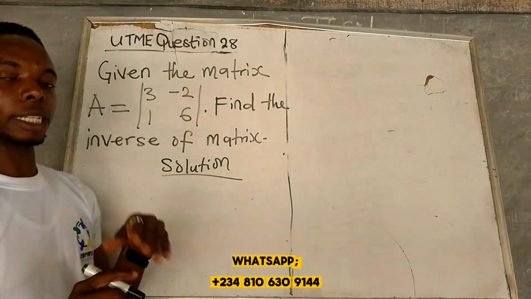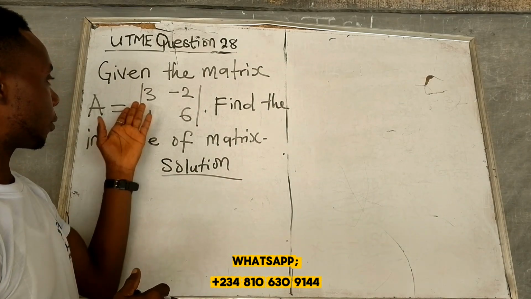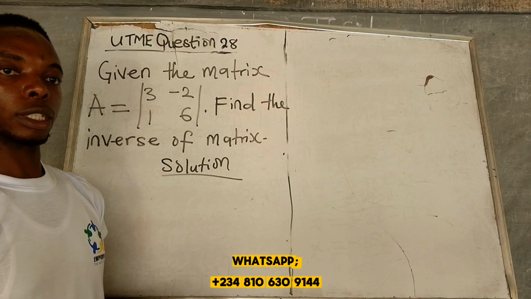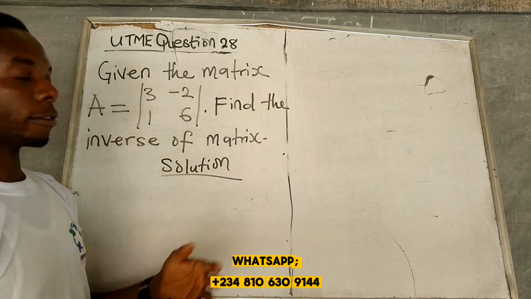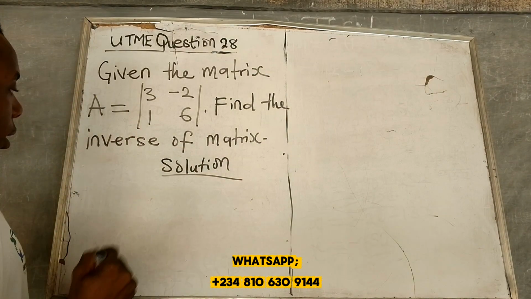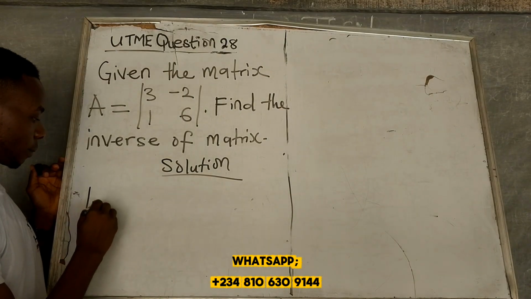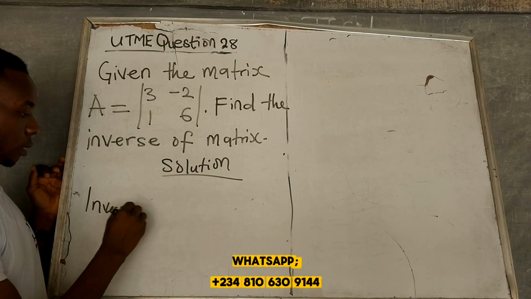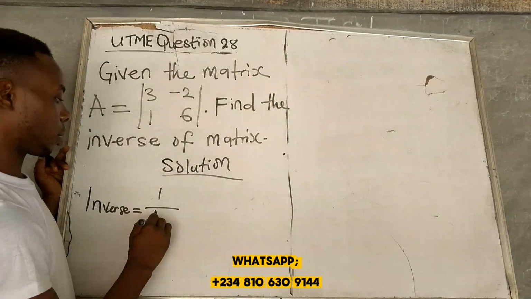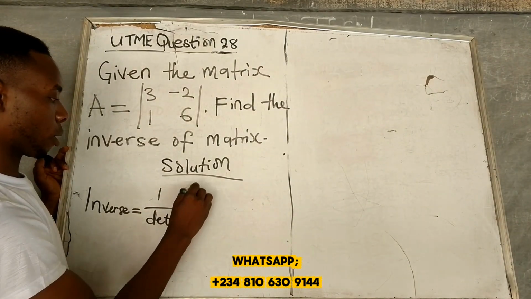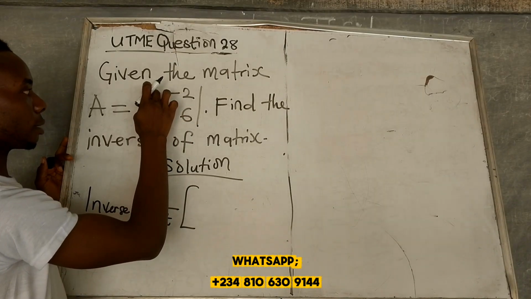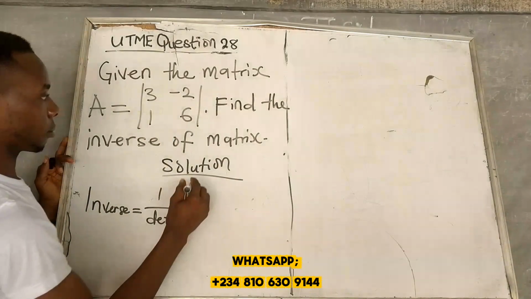Now, I want you to remember, if you are given a 2 by 2 matrix and you are asked to find the inverse, the inverse will be equal to 1 over the determinant multiplied by, now this 6 will move to this side, while this 3 comes to this side.